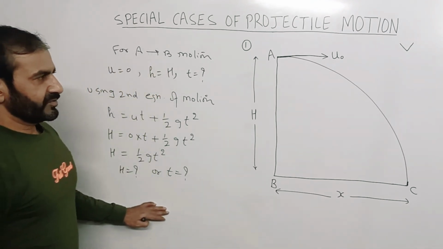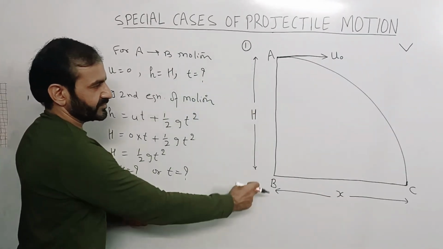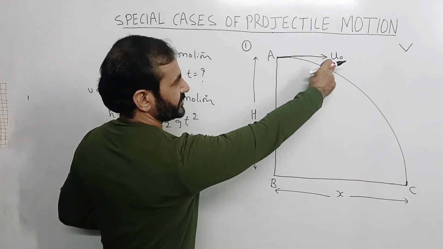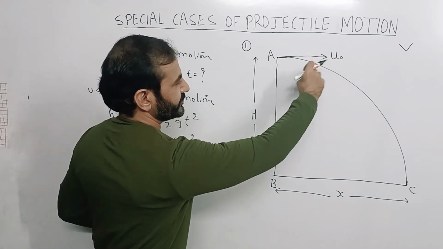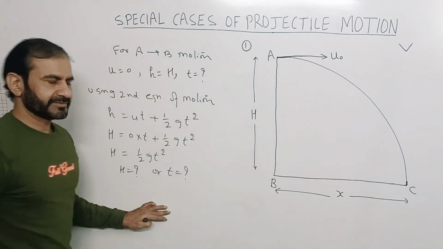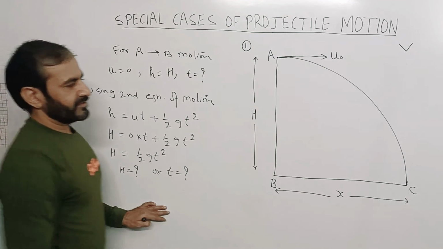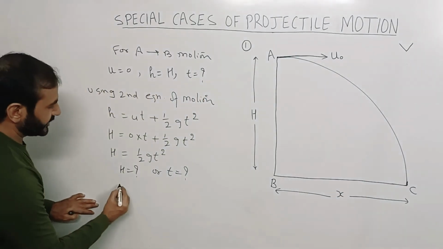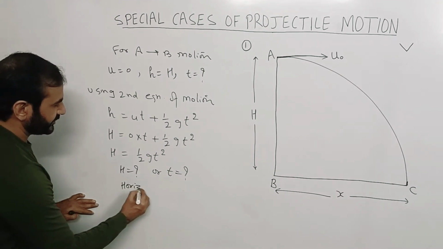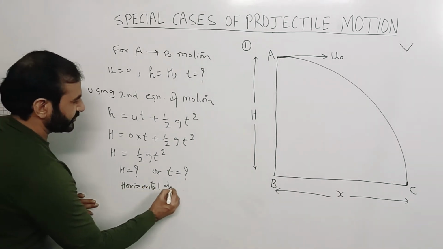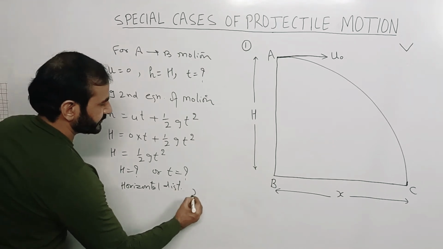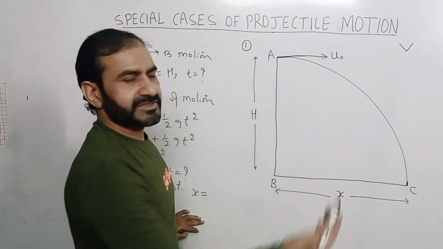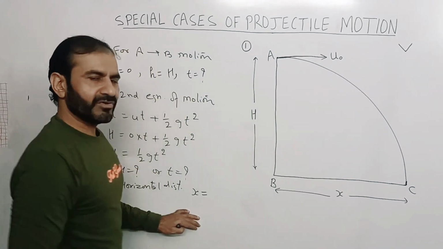So this way, if you are given time, you can find the height from which the body is thrown horizontally. If you are given height h and initial horizontal velocity u0, then you can find the time to reach the ground. But if you want to find the horizontal distance x moved by the body, then x is covered with velocity u naught, which does not change because there is no force acting horizontally.